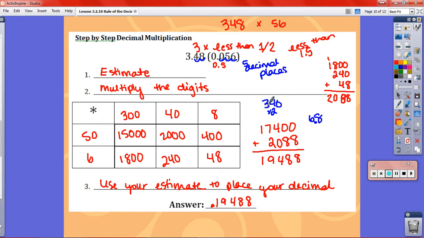But when you estimate, you know that this is 2 340s, so it's going to be bigger than 340. It's going to be like 600 something. Or, I'm sorry, if it's times 0.2, then it's going to be less than 1 340, but not that much less.